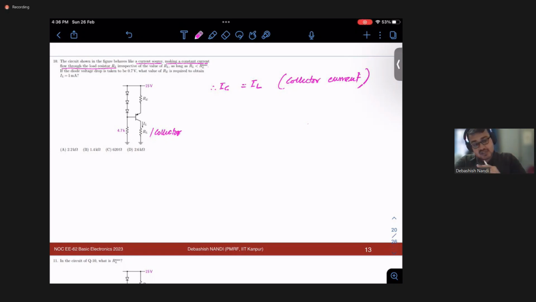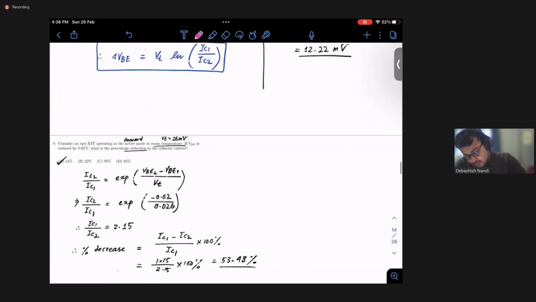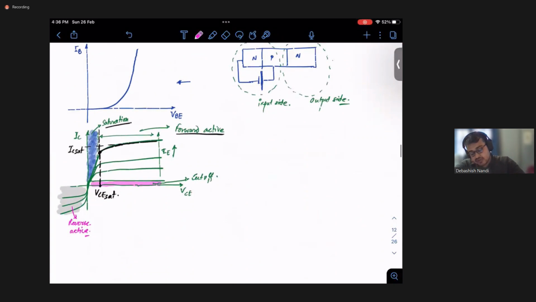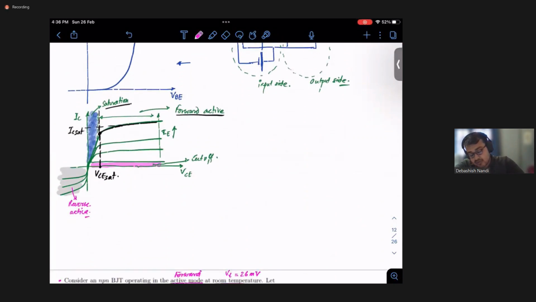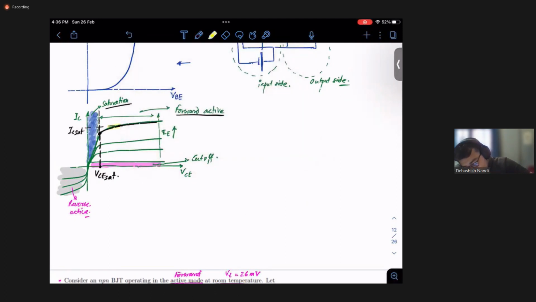Now let us revisit the output characteristics, right? You see in this output characteristics, the constant collector current, that means this, right? What do you mean by current source? Irrespective of the load, that means the potential drop across it, the current should be constant, right?